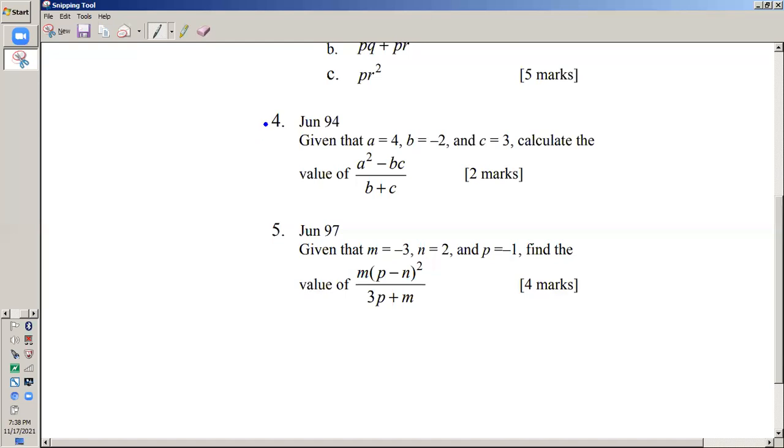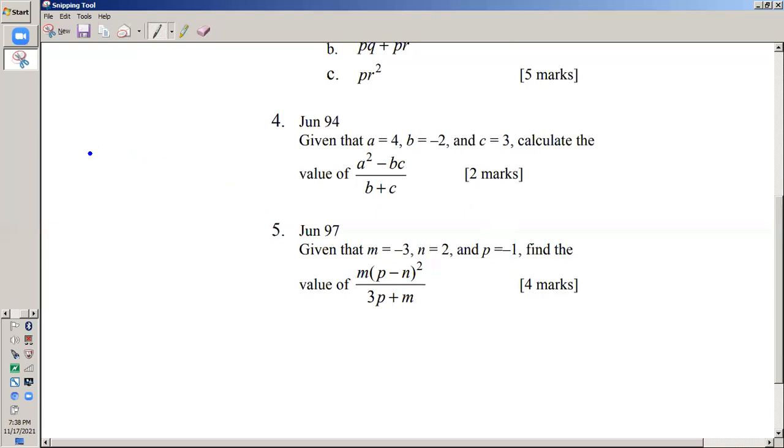Right. So I have A square, take away 2, take away BC over B plus C. By the way, you realize how stingy the mark is? I'm saying to myself, why? 2 marks? They could have said 3. I'm not going to lie to you. Yeah, go ahead, continue.